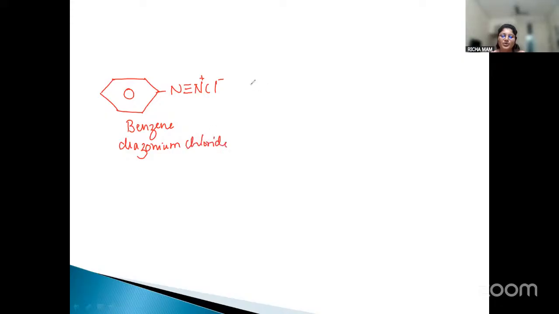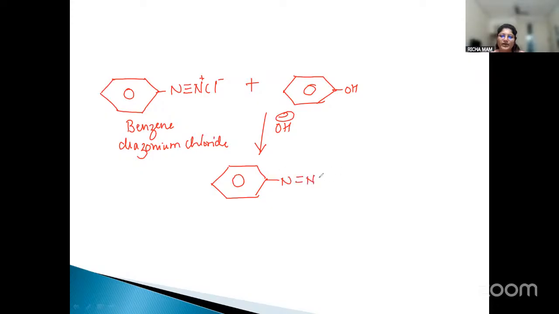I am going to react benzene diazonium chloride with phenol in a basic medium. What am I going to get? I am going to get N double bond N, with OH, plus Cl- plus water.